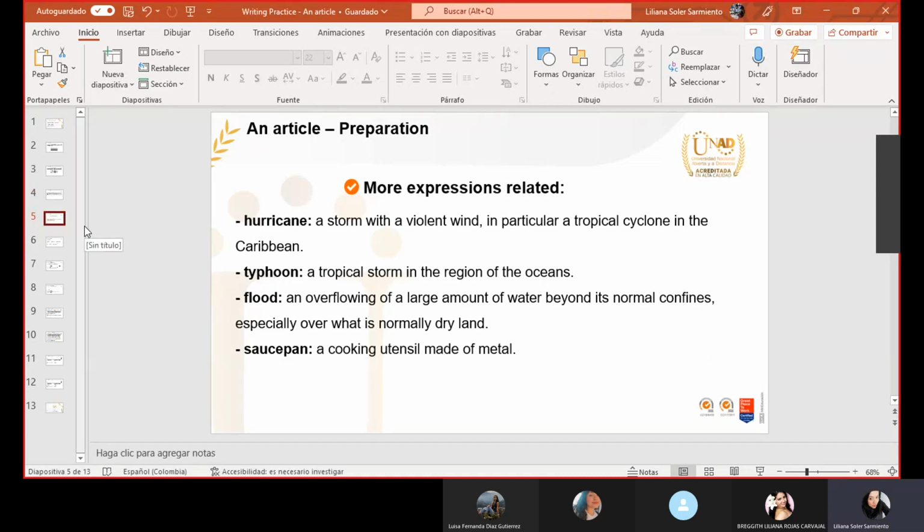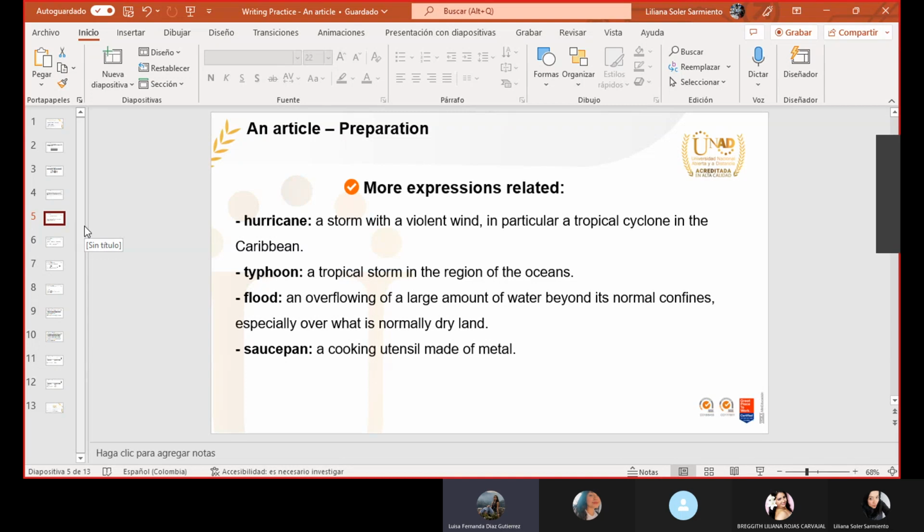Here we have more expressions related with the next exercise. For example, Luisa Fernanda, could you read first?